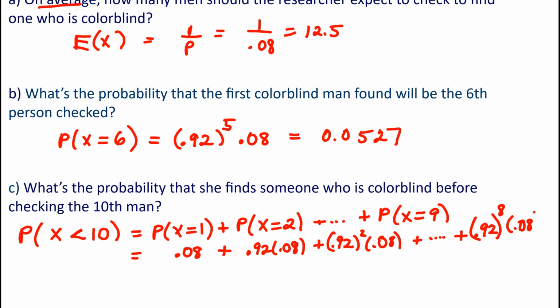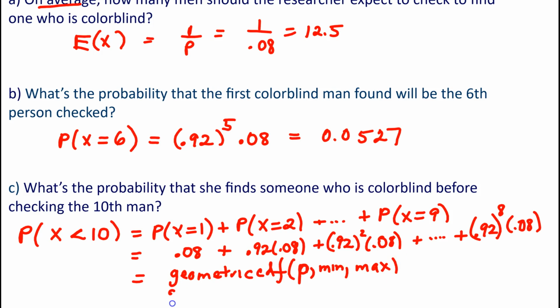person was colorblind. I'm going to show you how I'm going to enter it in the calculator, but I do have a separate video that you can watch more closely on how I do this. So it is geometric CDF, and the parameters that you are going to enter is the probability and then the minimum value that you're looking at and the maximum.